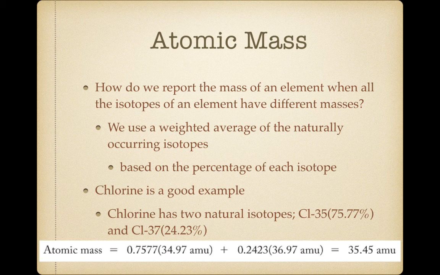We convert our percentages into a fraction and then multiply that fraction by the atomic mass of that particular isotope. So chlorine 35 has an atomic mass of 34.97 AMUs, and we take that 75.77%, turn that into a fraction, 0.7577, and then we add the 0.2423 from the chlorine 37 and its mass in AMUs, and we calculate that all out, and we end up with an average mass of 35.45 AMUs.